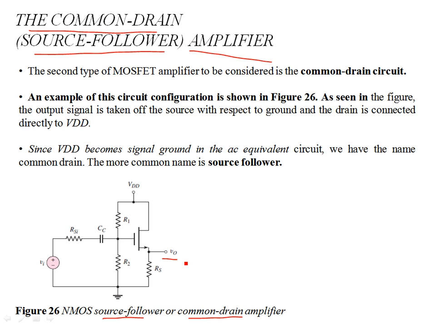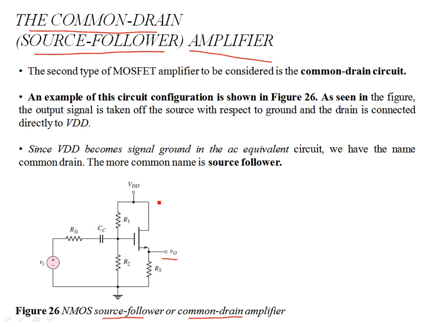We'll also see that the voltage gain in this configuration is positive. As opposed to the common source configuration, where there was a phase inversion between the input and output, 180 degrees out of phase, here, although the voltage gain is a little less than unity, the input and the output are in phase.